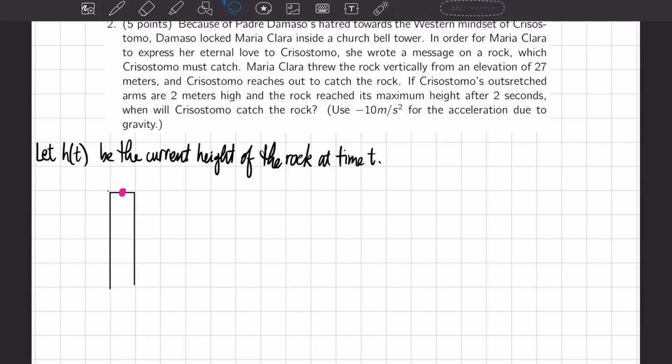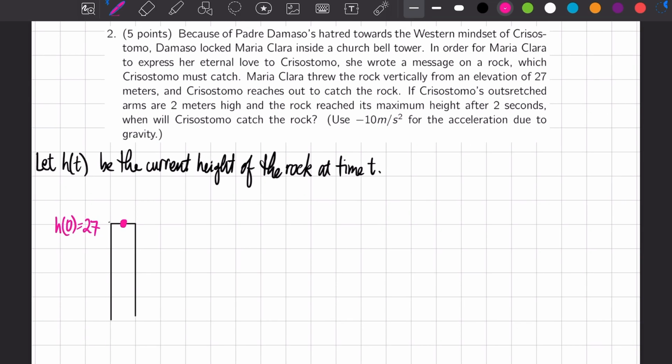Then at the very start, that means your t equals 0, the height of the rock is 27 meters. The height of the rock initially is 27 meters. Then what Maria Clara did is she threw the rock, and after 2 seconds, its maximum height. After 2 seconds, its maximum height.